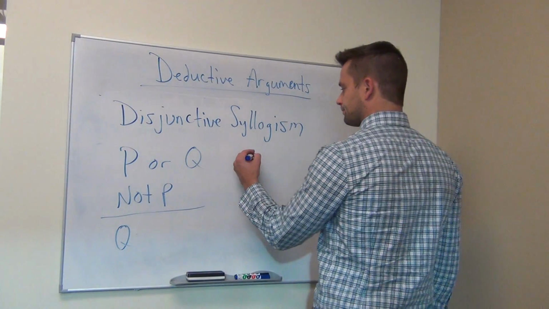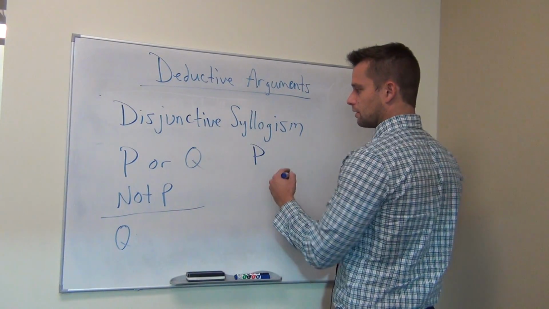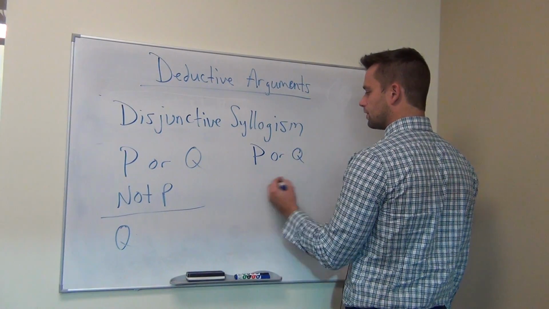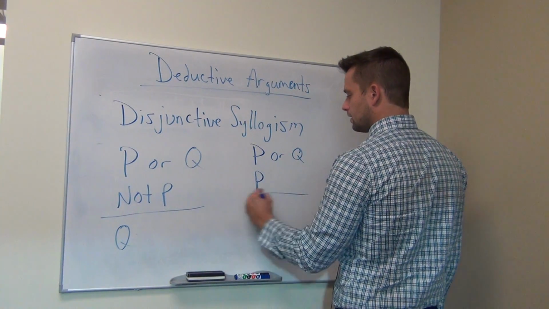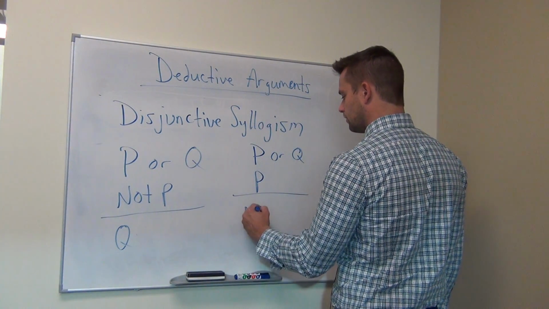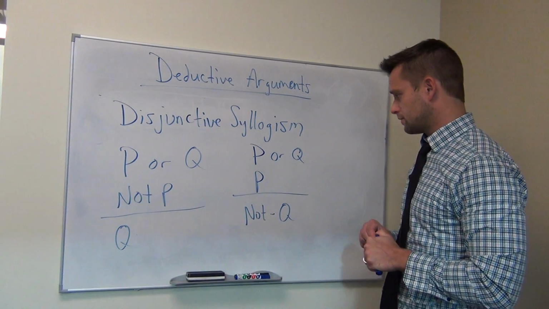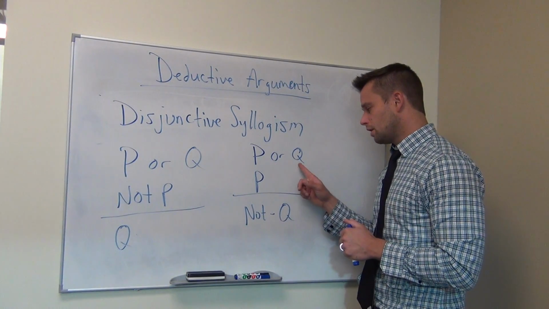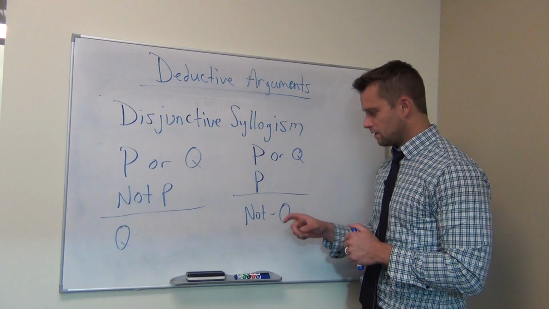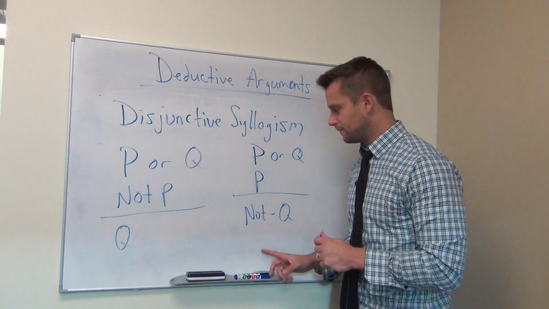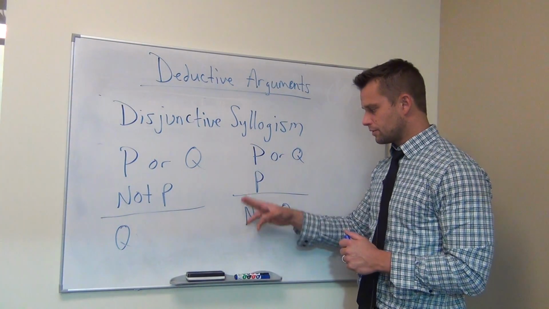There's another invalid form, P or Q, and we say P, therefore not Q. And people might think this is the case, right? So Justin's either a man or a woman. Justin is a man, therefore Justin is not a woman. Now, that is true, true, true.